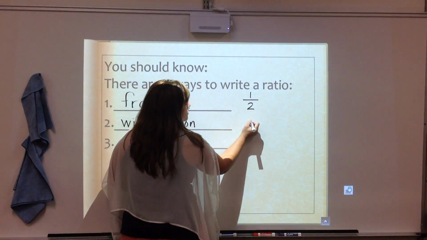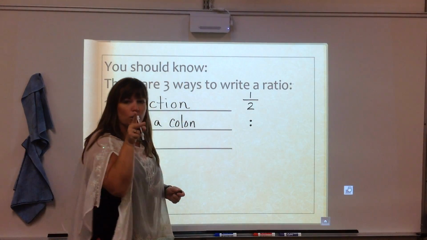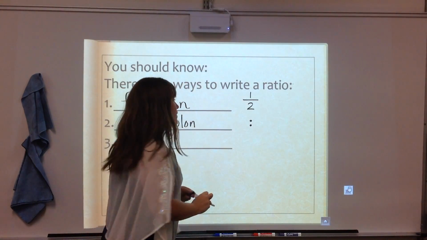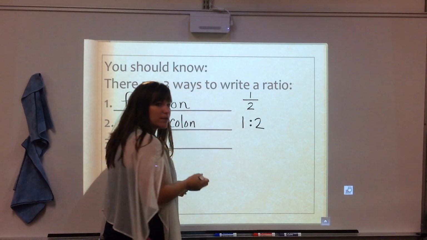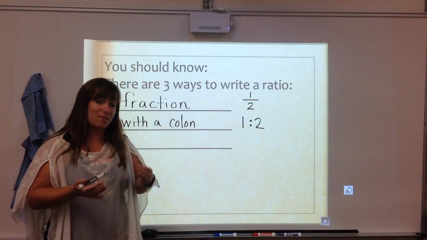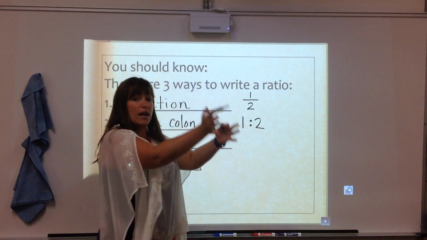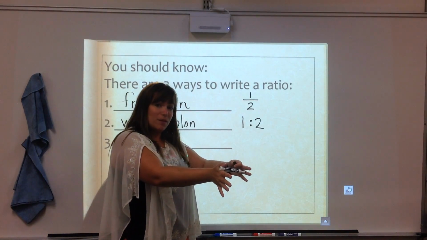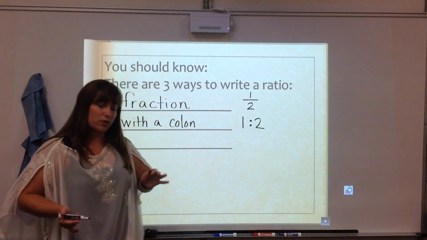That is like our digital clocks, the 2 dots right on top of each other. And then the numbers would be to the right and to the left of that colon. Again, the same thing. The first thing being compared is to the left, then the colon, and then the second thing being compared is on the right. So 1 teacher to 2 students.